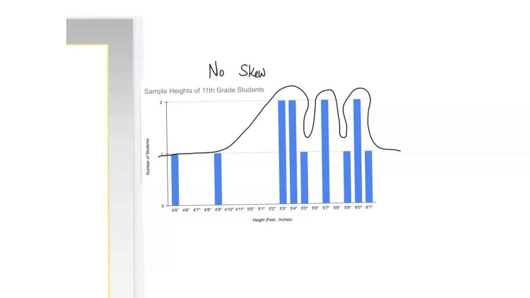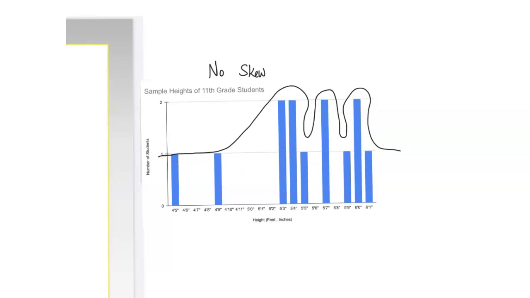Okay, so they're actually spread out normally. But in this data set, because it was only such a small amount of the population, just a sample size, you'll notice that there's no skew here. There's no distinct pattern that we can see.